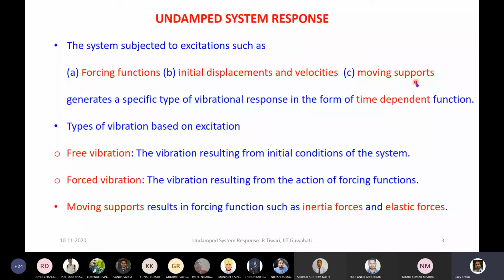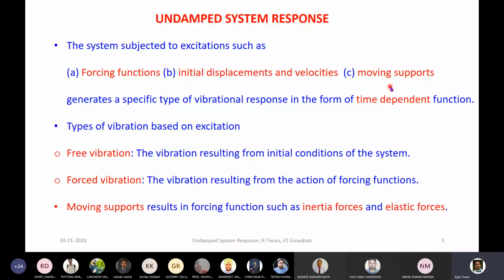We will talk about this moving support because most vehicles have it: the tire runs over some rough surface or some ditch or some bump, then it gets some kind of initial displacement at the wheel, and that gives some kind of inertia force or elastic force to the vehicle.